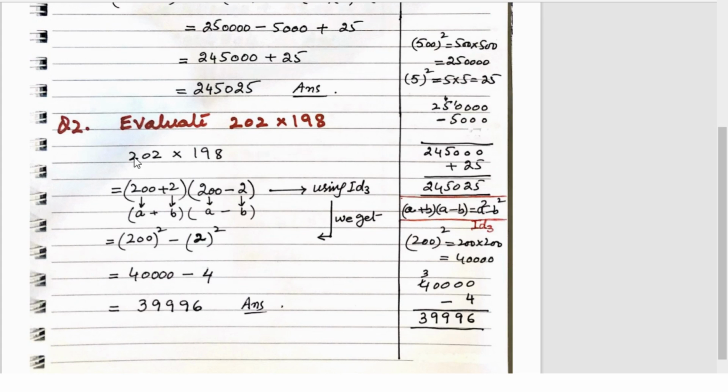Okay, again 202, the same thing. Now be careful what I am doing over here. You will have to focus on it, then you will understand this step. 202 is 202. Can we write it down like 200 plus 2? Because whenever we add 2 to 200, we will get 202 back, right? Multiplied by 198.